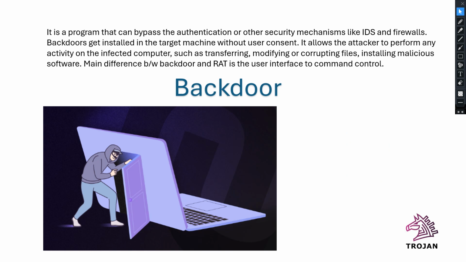All the Trojans are programs, and programs contain malicious code, and once one reaches its destination, it starts working in different manners, and that's why we have different names. A backdoor has the capability to bypass authentication and security mechanisms. Okay, this is the additional thing here.